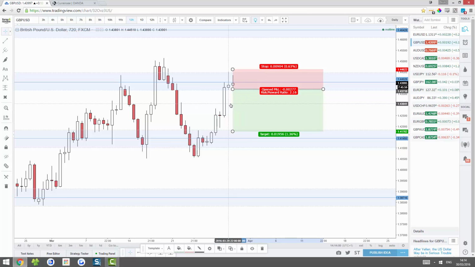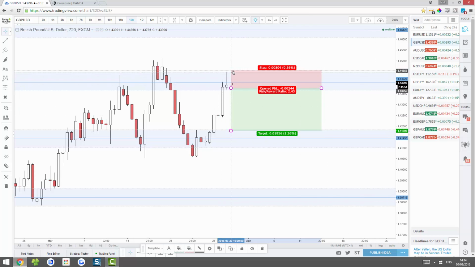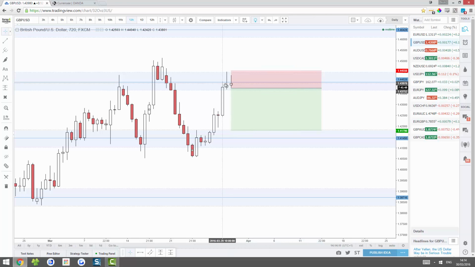But if you really want to jump in early, you could jump in at the bottom of this candle, provided it closes as it is right now. That's up to you. I'll probably be basing my trade on that candle if I do trade this on the 12-hour, which is probably not going to happen. But regardless, this is a potentially good setup.